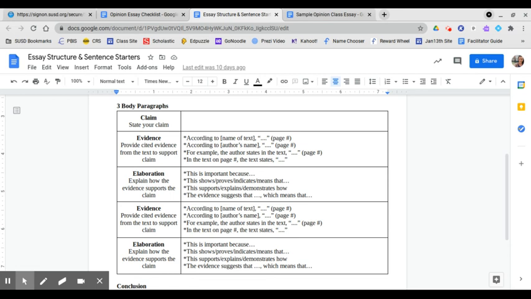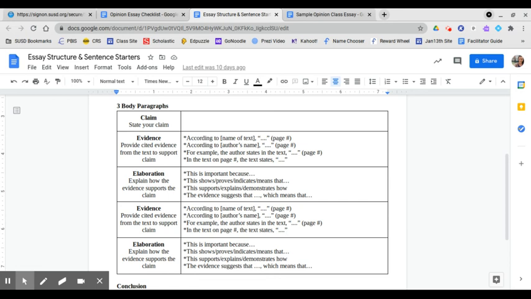The evidence suggests that, which means that. All of those different ways we can start our sentences to explain how that piece of evidence is important to support our claim. So again, just like we were talking about the transitional phrases for evidence, we still need to have those for elaboration as well.